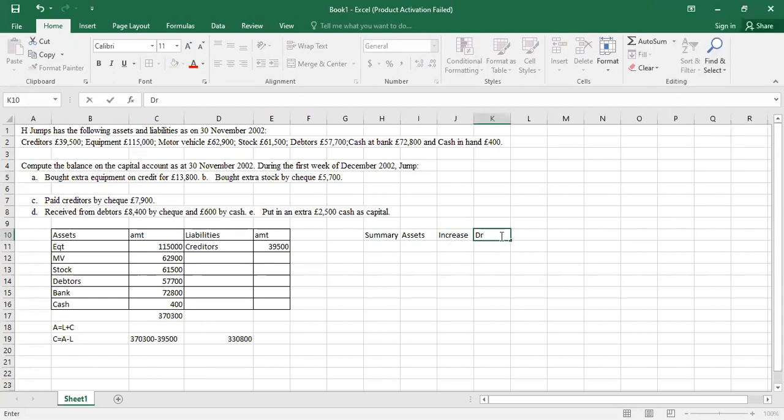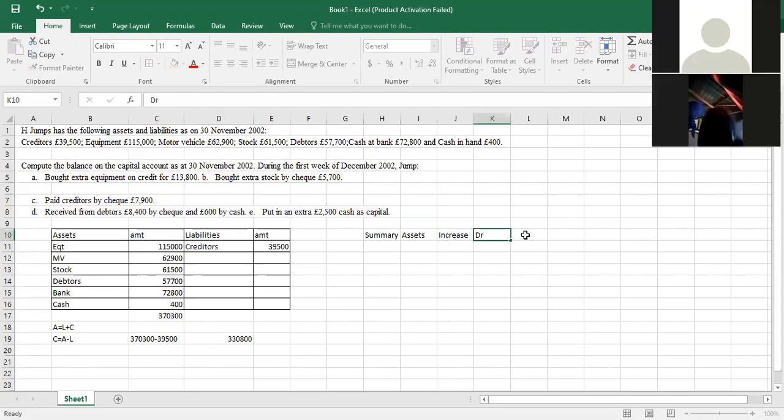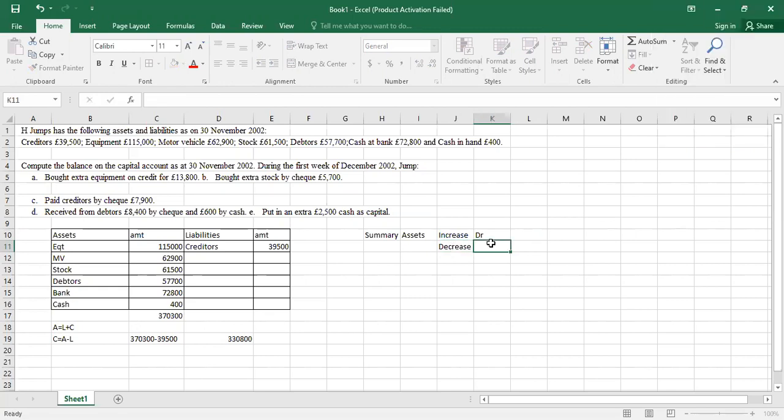When they decrease, let me put it down here. When they decrease, credit. CR is the abbreviation for credit. We go to liabilities. For liabilities, you've agreed when they increase, we just copy this.